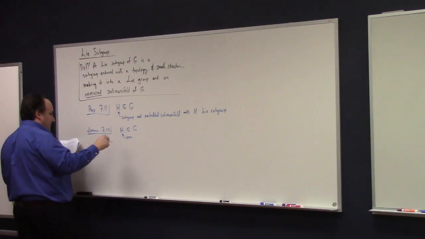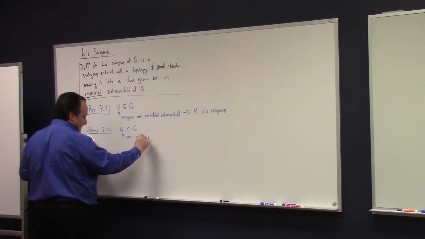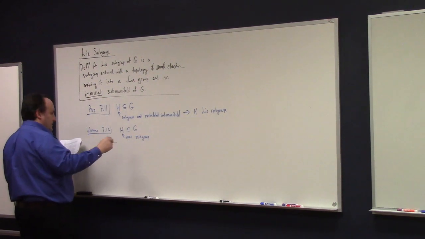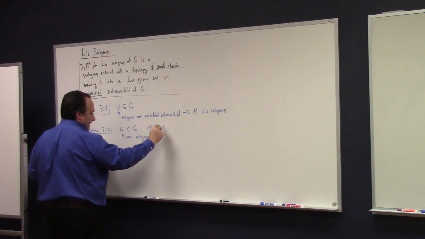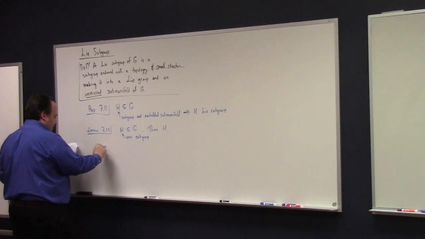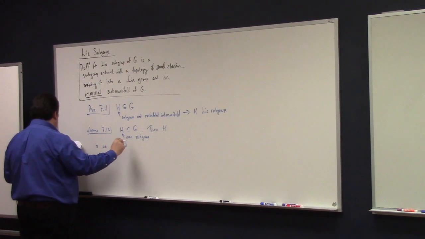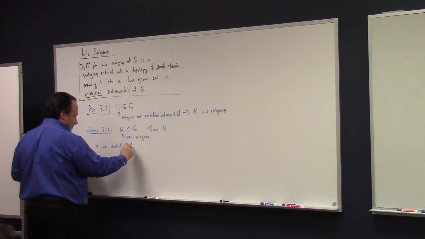Open subgroup, then H is an embedded Lie subgroup.